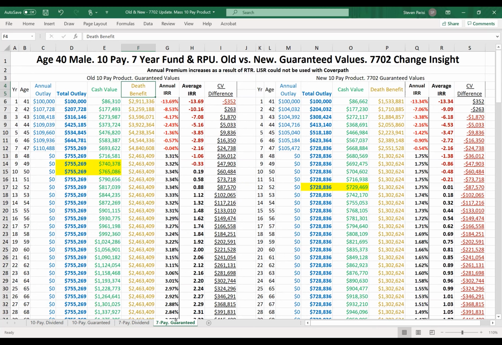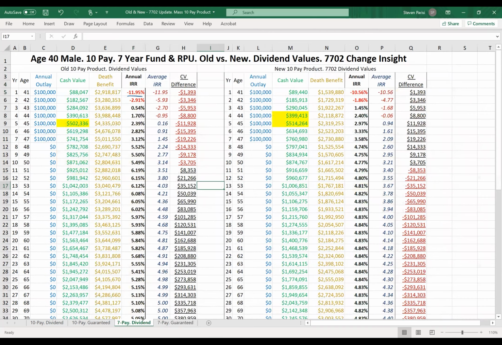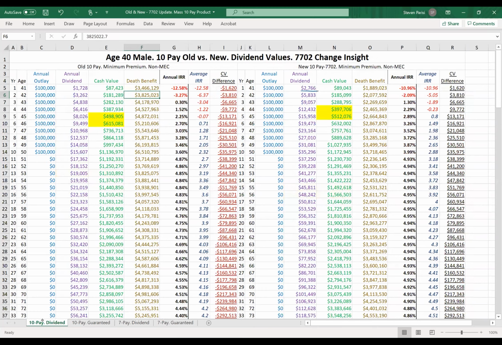So why I say that is I don't want to be quick to jump to conclusions when we see one example with one company. When Guardian, for example, starts releasing products, I do want to see theirs, because when the 2017 mortality table update occurred, I saw huge differences between carriers in respect to guaranteed values.